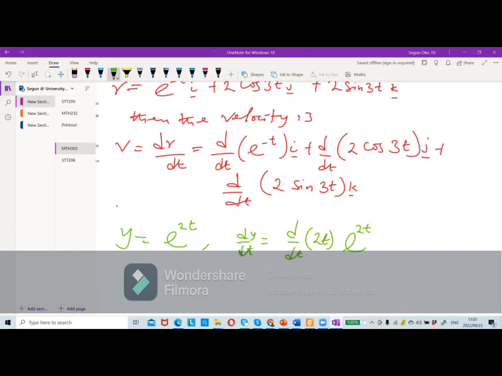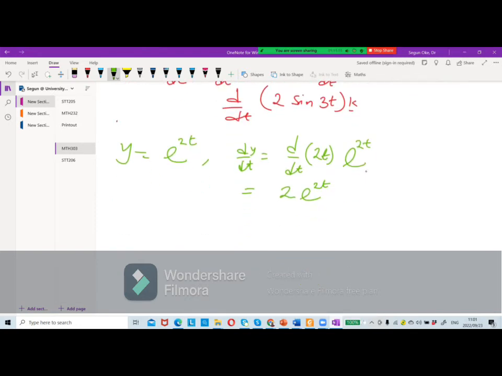So if I want to differentiate d dt of 2t now, what do I have? When you differentiate 2t, what do you have? You have 2. And replace what is there back. Can you get the explanation now?